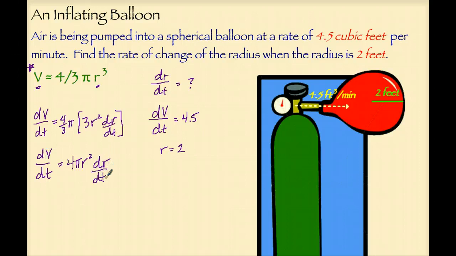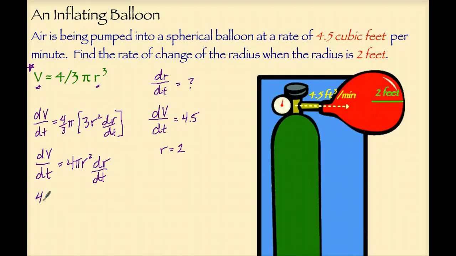Now this function will give us any information we need about the rates involved in the inflating balloon and the radius at any moment in time. But we're interested in the time at which the radius was 2 and dV/dt was 4.5 cubic feet per minute. So let's plug in those quantities and solve for dr/dt.